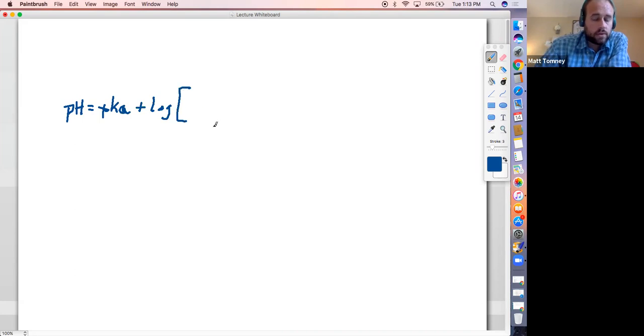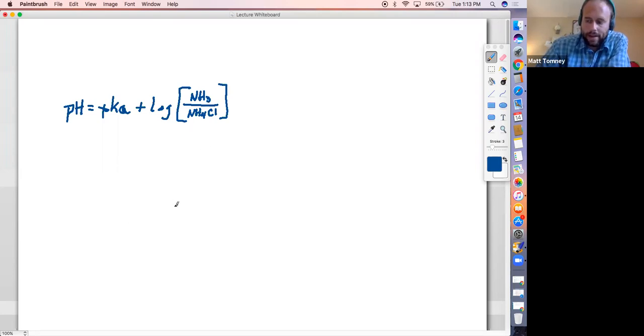And I'm going to put the actual values in here, not just the generic. So it's A minus, which is representative of a base. And the acid in this case would be the conjugate acid, which is NH4Cl. Okay, so there we go.